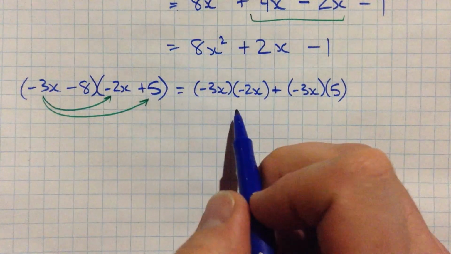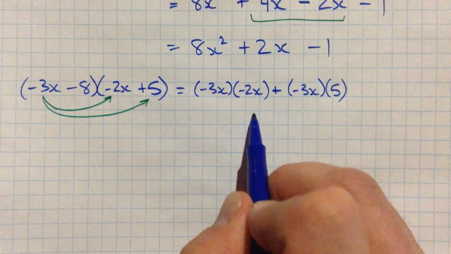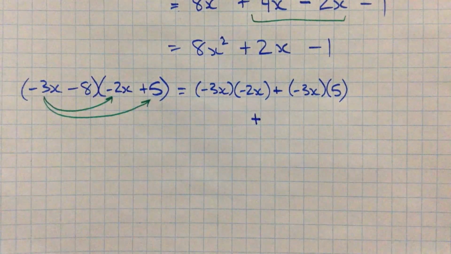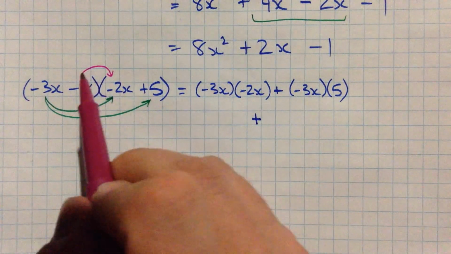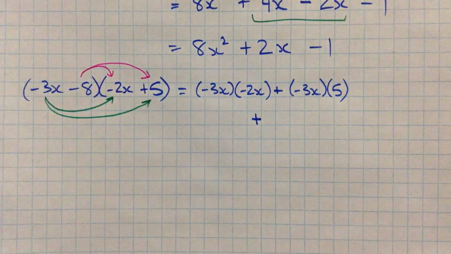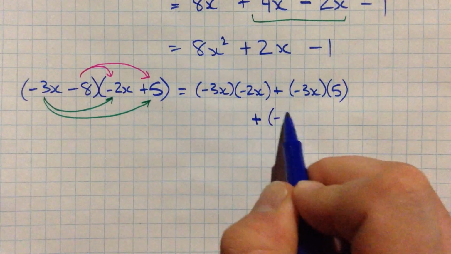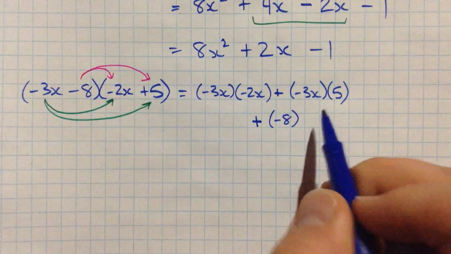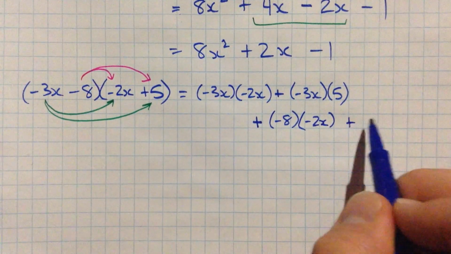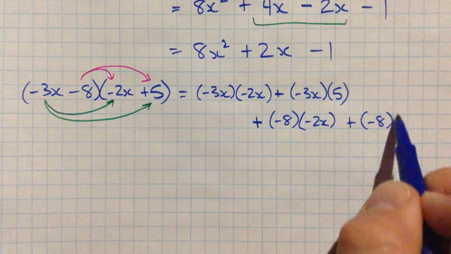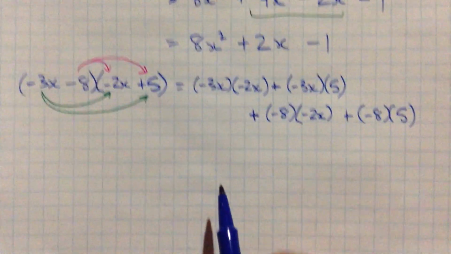I'm running low on room. I'm going to go on to the next line here. I'll move it over a little bit so it's clear. Plus, let's see what's next. Negative 8 times negative 2x, and also times positive 5. So negative 8, minus signs inside the bracket here for now, times negative 2x, plus negative 8 times positive 5.